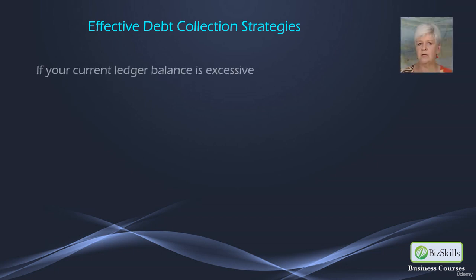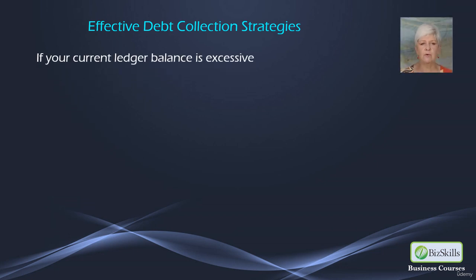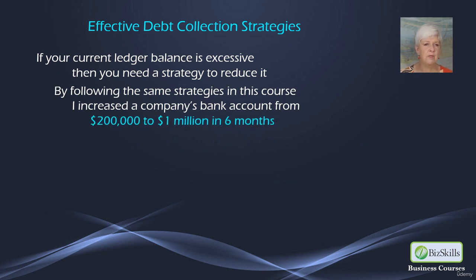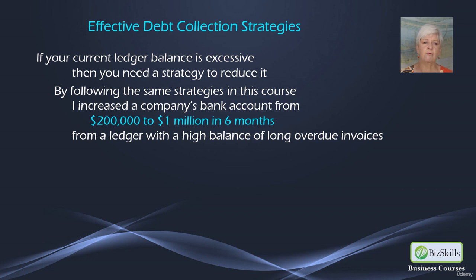If your current ledger is showing an excessive number of overdue invoices, then you require a strategy to reduce it. By following the same strategies I demonstrate in this course, I increased a company's bank account from $200,000 to $1 million in 6 months from a ledger with a high balance of long overdue invoices.